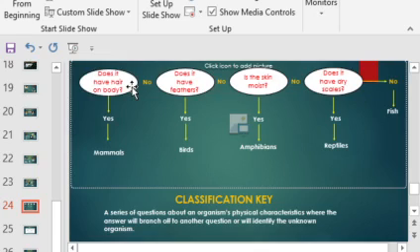And if it is neither one of the four categories that we just discussed, then we will know by elimination that this will definitely be a fish. So using the classification key is really simple and easy. You have different representations of the key on the internet. You can go ahead and research that.